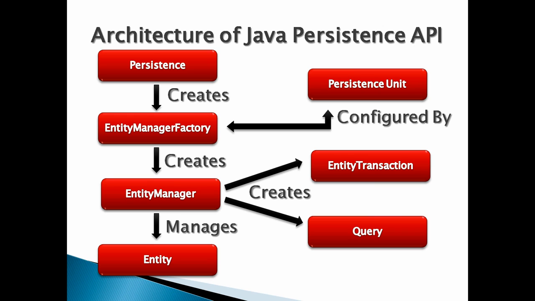Let's move ahead to Entity Manager. The Entity Manager class is in the package javax.persistence. It's an inexpensive and lightweight object to create. All the database operations are performed with the help of the Entity Manager object. Entity Manager creates entity transaction and query objects. Entity Manager is mainly responsible for managing entities.